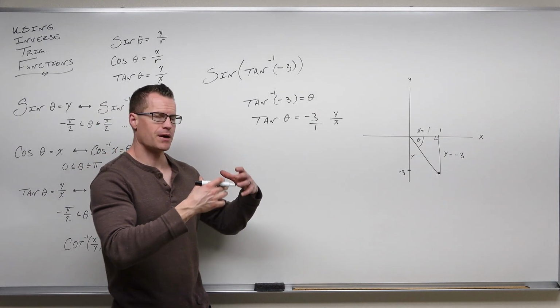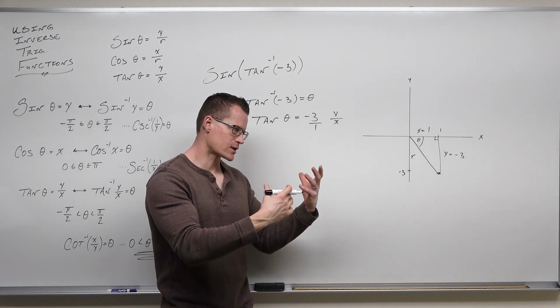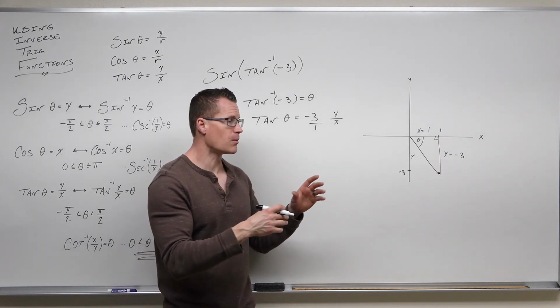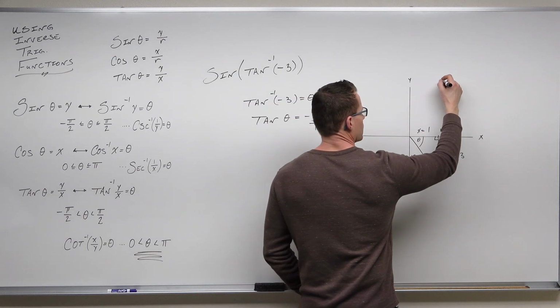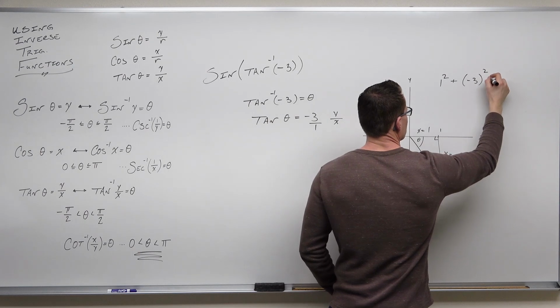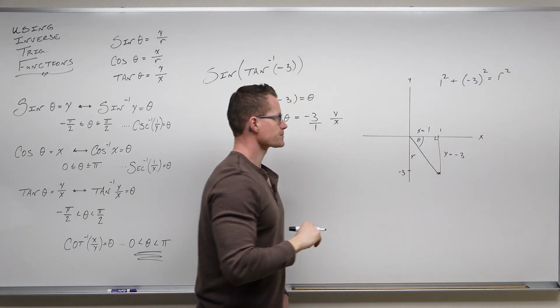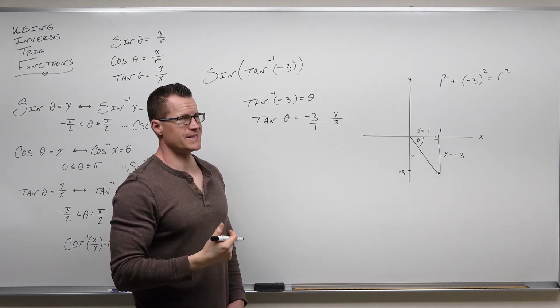So we know that Pythagorean theorem says leg squared plus leg squared equals hypotenuse squared, or x squared plus y squared equals r squared, no problem. So we can do that, and that would give us a square root of 10.